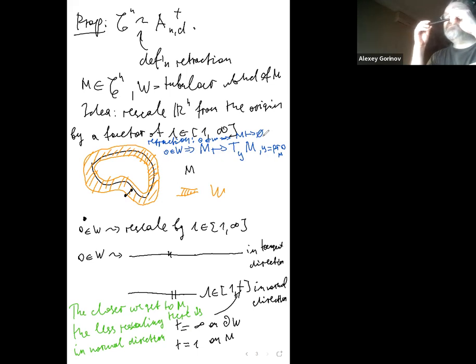And basically, how exactly far is far away depends on how we choose the neighborhood W. The neighborhood W can be made to depend continuously on M. So we choose a continuous family of trivial neighborhoods, and it doesn't matter which one we choose, and we choose some, and then we use it.